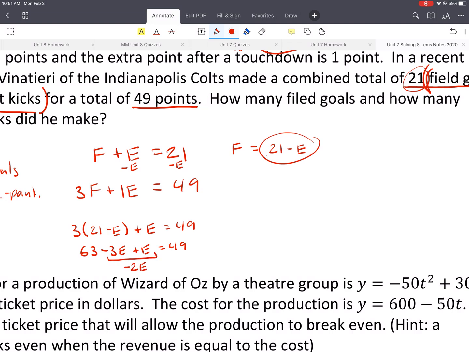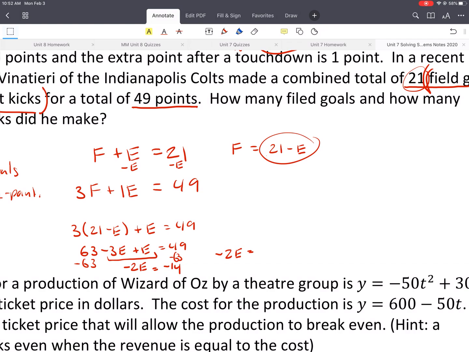And then we'll also subtract 63 from both sides. So 49 minus 63 is negative 14. So we'll have negative 2E is equal to negative 14.